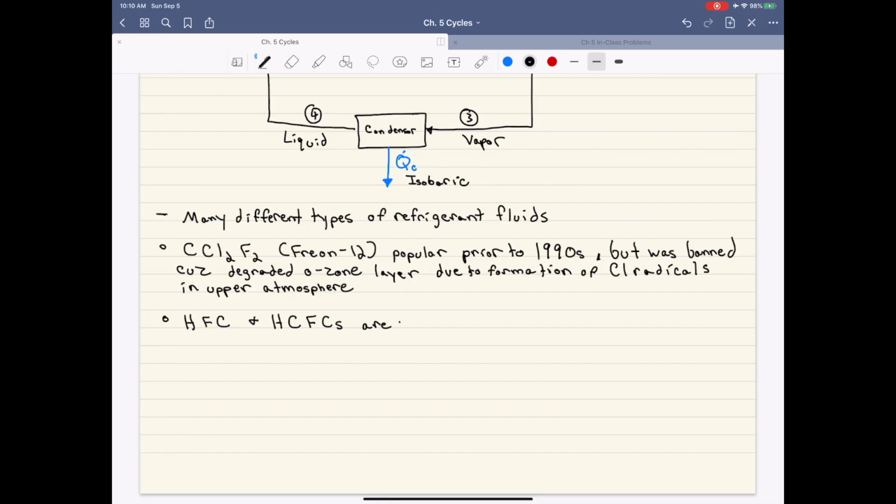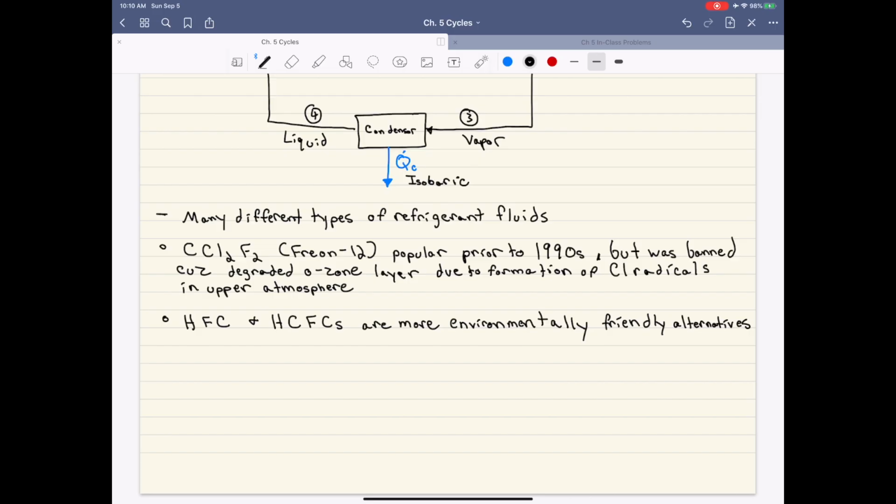Both of these are more environmentally friendly alternatives than Freon 12. Typically you'll see these HFCs and HCFCs named like Freon 22 or some other number. These higher number Freons are supposed to be better for the environment. Though they're not perfect, they could still cause some degradation of the ozone layer, but it's not as bad as Freon 12 was.